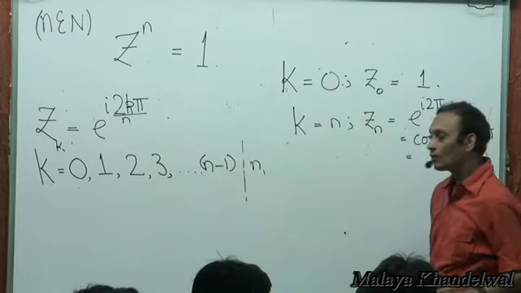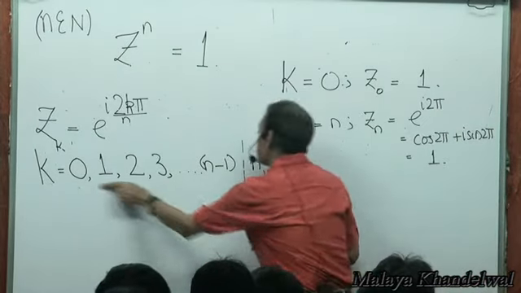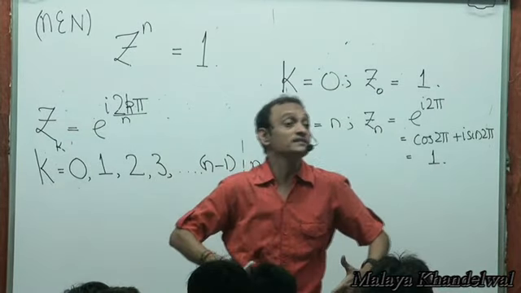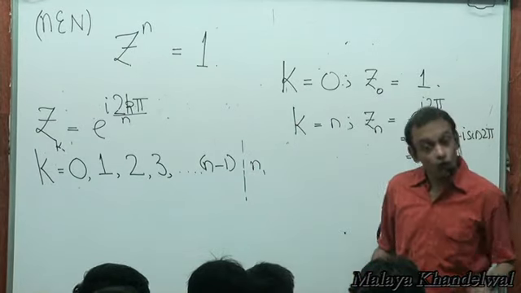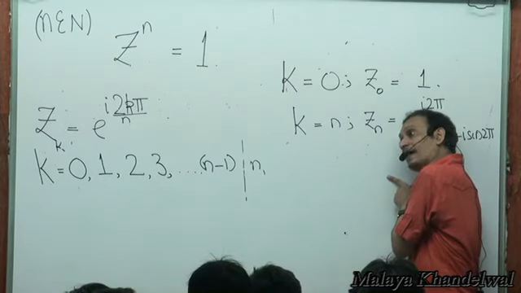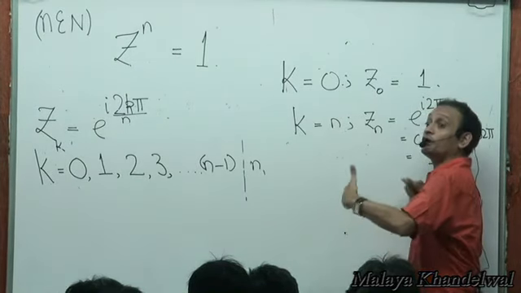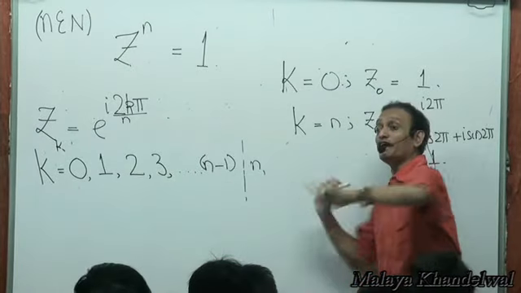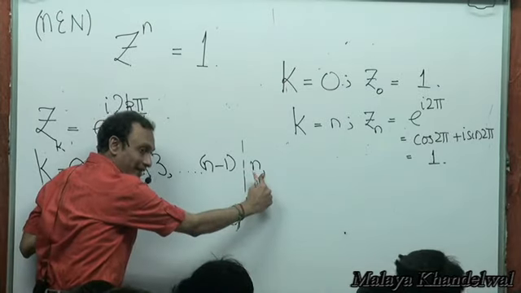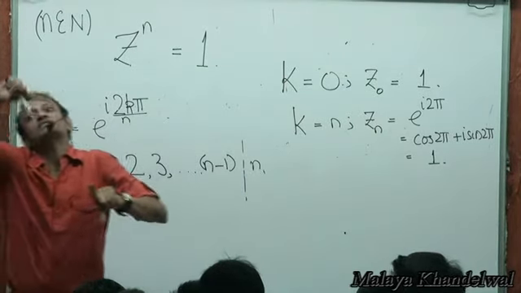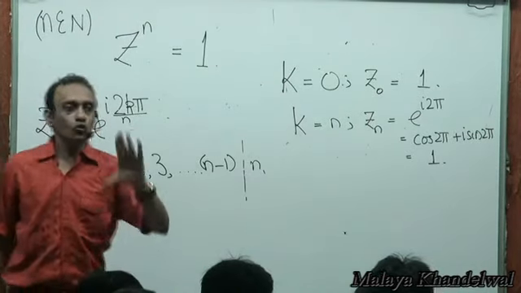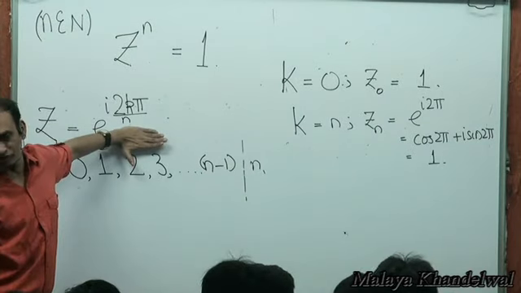So from k equal to 0 to n minus 1, you're taking n consecutive values of k and getting the various n roots of unity. Or you could have started from k equal to n and taken n consecutive values of k, and you would have got the same set of n roots of unity replicated. Or you could have started from k equal to 1 and gone all the way to n. You would have got the same set of n roots of unity but shuffled in a different order. Essentially, the rule of the game is that any n consecutive values of k could be taken.